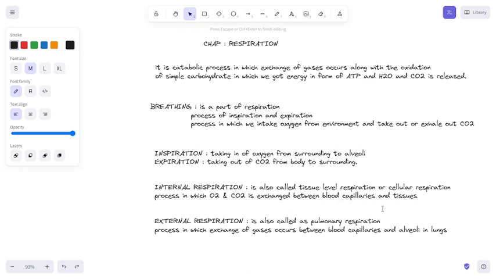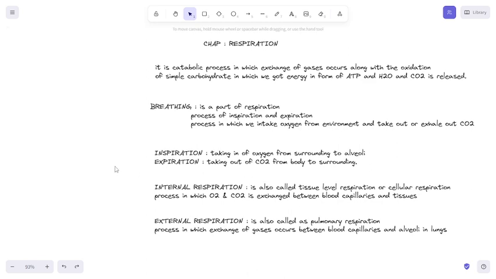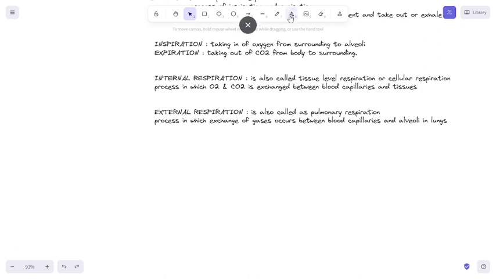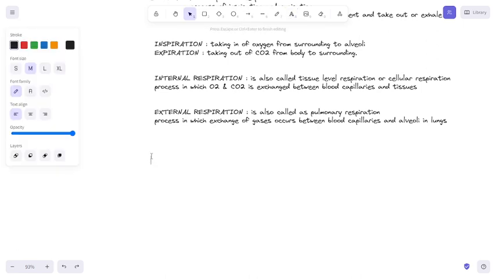So if we talk about the respiratory surface, what is respiratory surface?